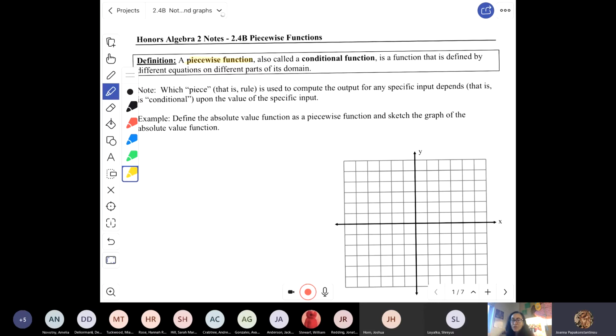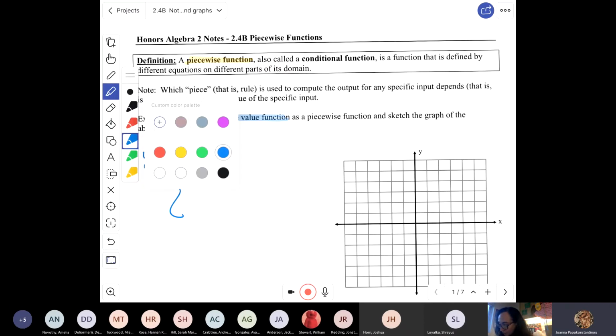So can anybody think of a piecewise function that we have worked with by chance? Maybe the absolute value function? If we think back to the definition of the absolute value parent function, remember that we had y equals the absolute value of x, but we said that the absolute value of x could be represented given two cases. In the instance that the input to the absolute value function.